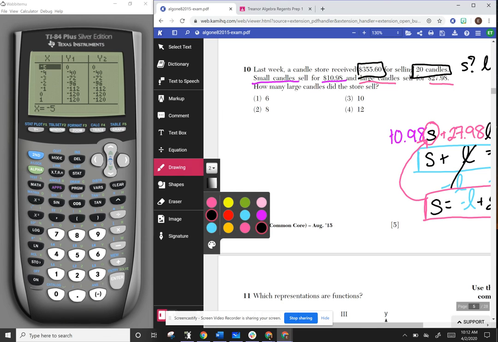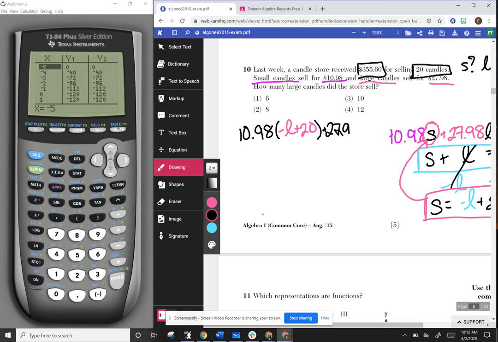We got 1098 times S, which we just said was negative L plus 20, plus 2798L, and that equals 355.60. And now we're going to continue to simplify this until we get L alone.